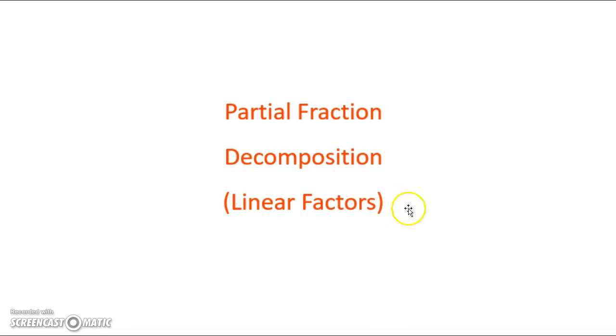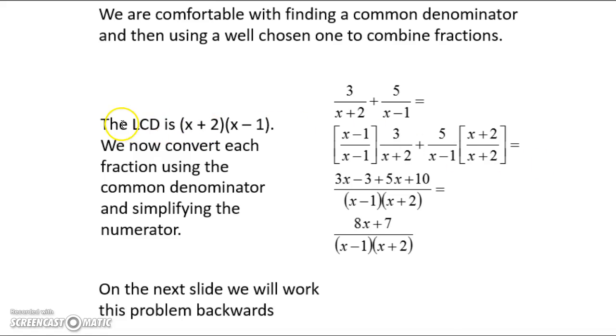Here, there are several types of partial fraction decomposition. We're going to talk about only linear factors in our denominators. So as I said, we're very comfortable combining fractions, even fractions that have linear factors as denominators. We know we can find a common denominator by looking at the denominator, seeing what factor is missing, and multiplying both top and bottom by that missing factor.